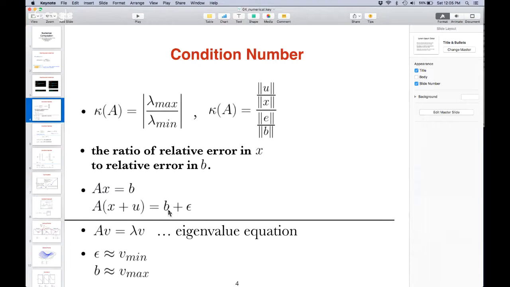And actually, if you have followed along the Andrej Karpathy image recognition class, Stanford CS231N, he mentioned this in one of the lectures. He didn't talk about the condition number, but he talked about the image.